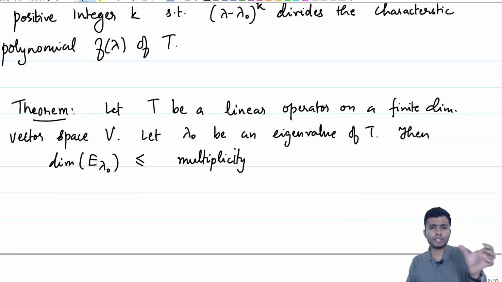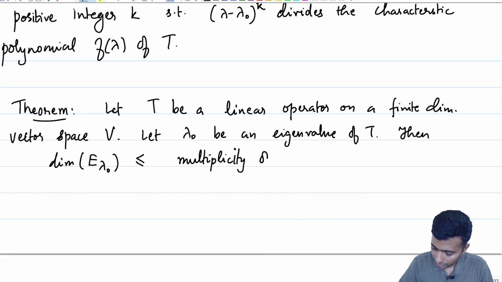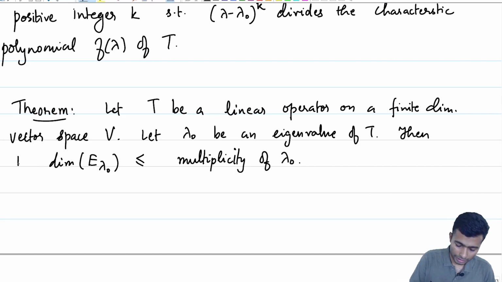I will slowly drop the adjective algebraic. Notice that if lambda naught is an eigenvalue of T, then there exists at least one non-zero vector which is an eigenvector corresponding to lambda naught. Therefore, the dimension is certainly greater than or equal to 1. This theorem tells us that the dimension has to be less than or equal to the multiplicity of lambda naught.